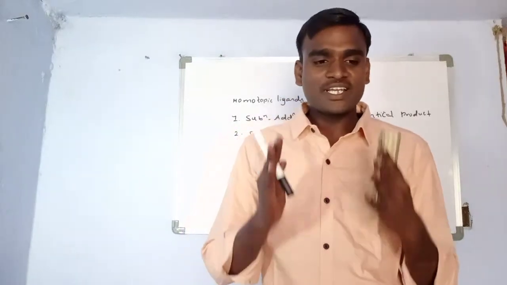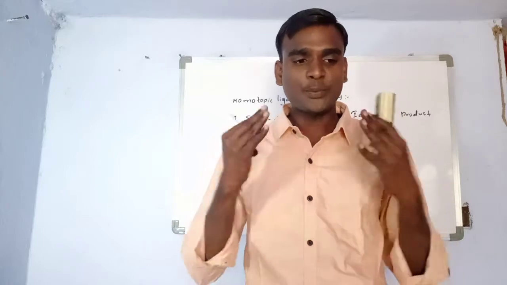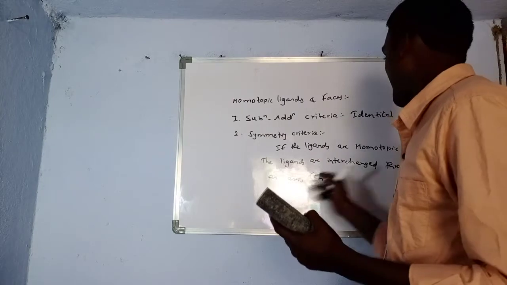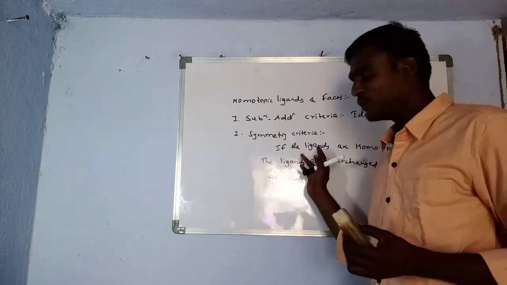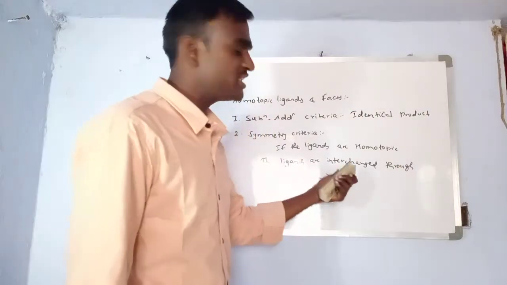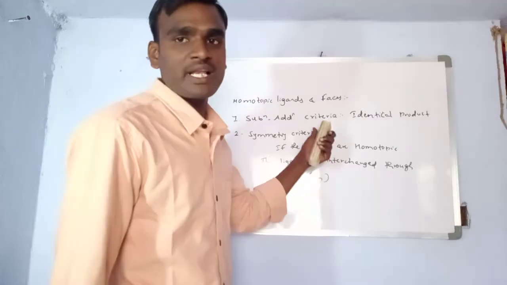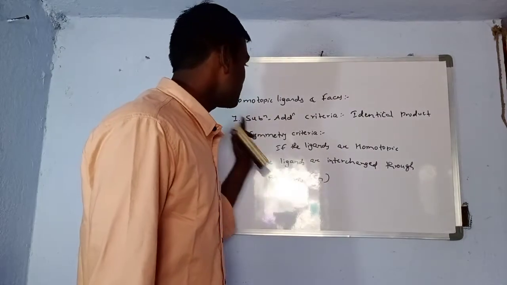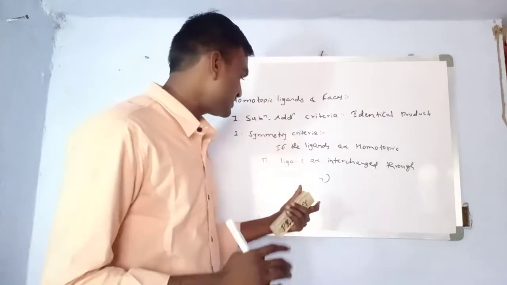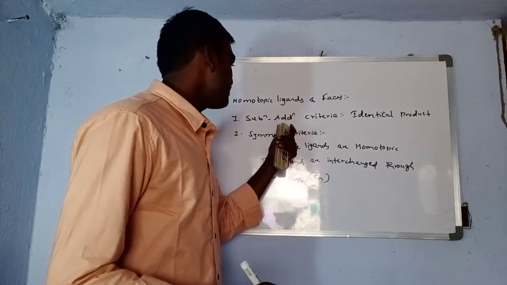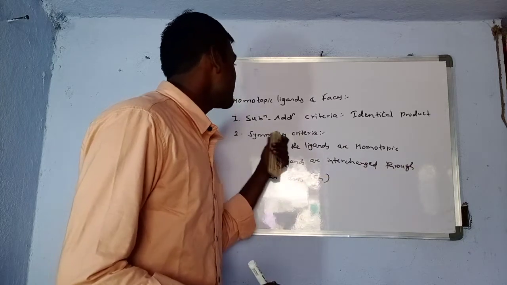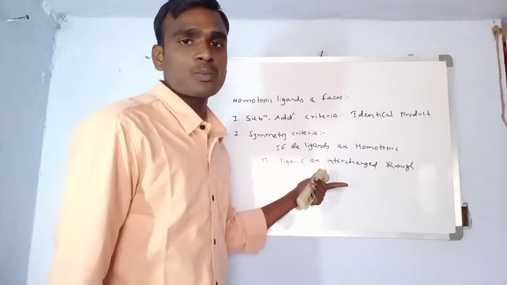Ligands are homotopic if they can interchange position by rotation using a simple axis. That is, the symmetry criteria is that whenever a Cn axis is present in the molecule and the ligands are interchanged through the axis of symmetry, then those ligands are said to be homotopic ligands.